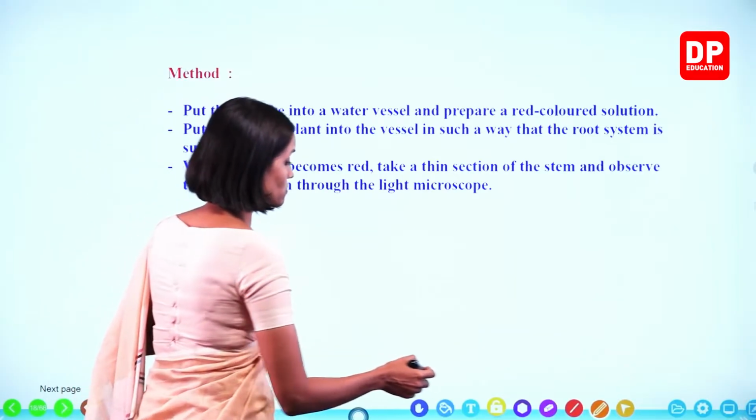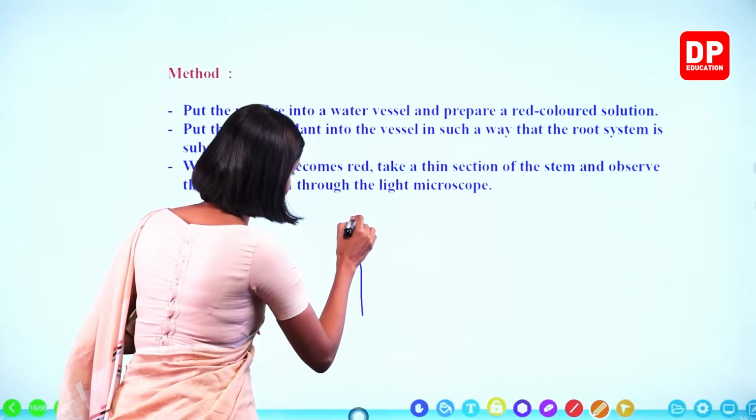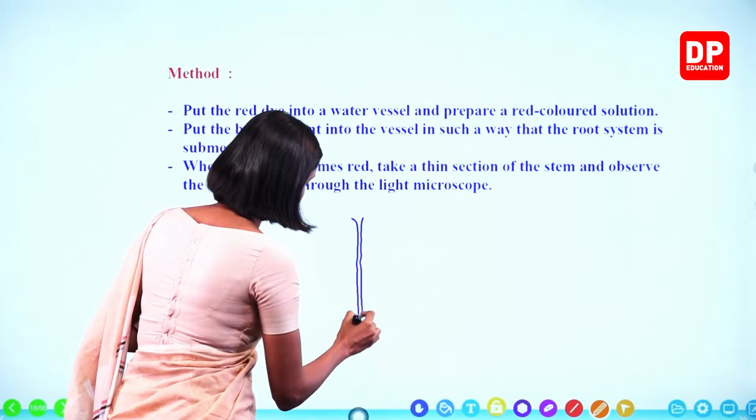So what you have to do here? You have to take the balsam plant like this, with roots.